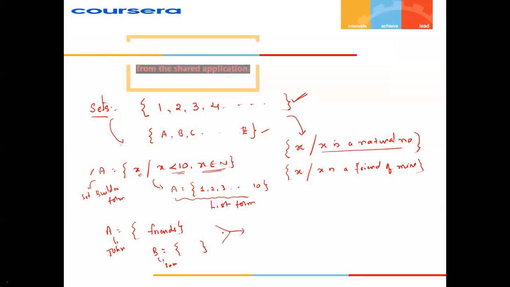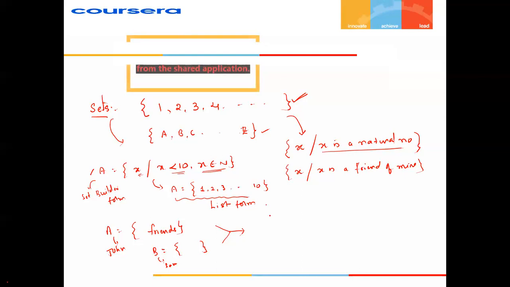A is with some names, B is with some names. Putting together, A and B have how many friends, and who are those? And second, are there any common friends between these two? Whether John and Sam have common friends or not. That is what we mostly require.